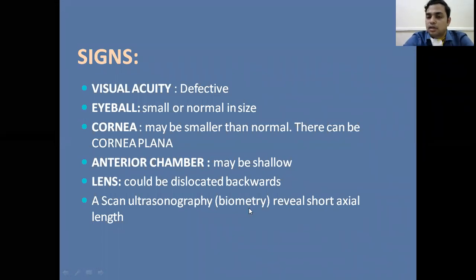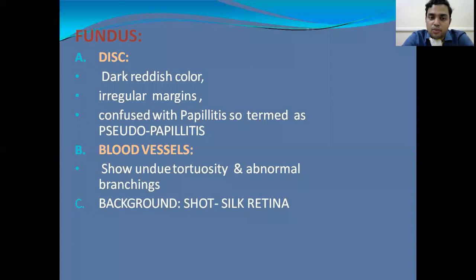As the eyeball is small, the anterior chamber is shallow, and the lens is placed posteriorly. And when we do A-scan ultrasonography, that reveals a shortening of the axial length, that is the anteroposterior diameter of the eyeball. So these are the various signs we see in hypermetropia.